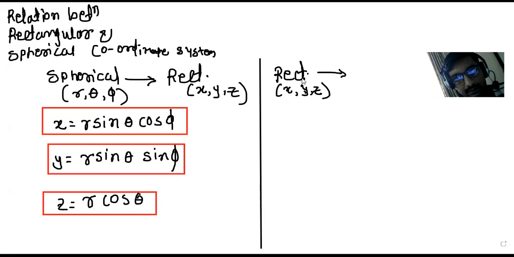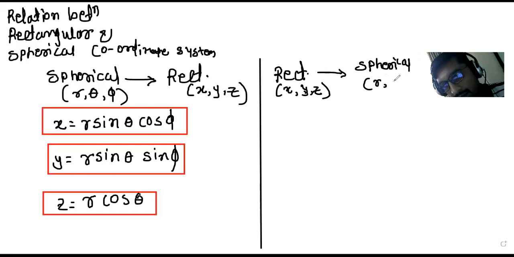Now next, we have another set of equations to convert rectangular coordinate system into spherical coordinate system. In spherical coordinate system, we need to find r, theta, and phi.